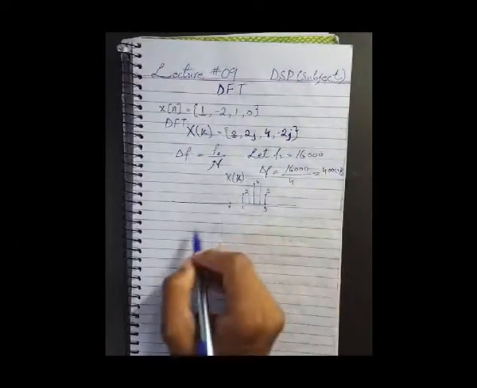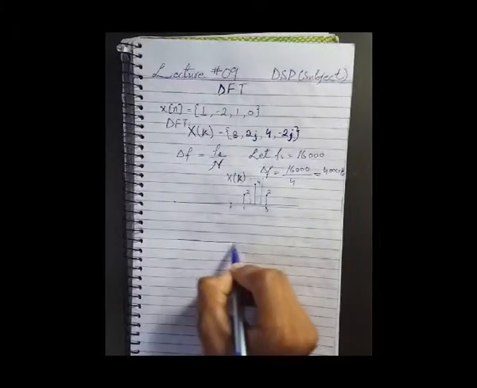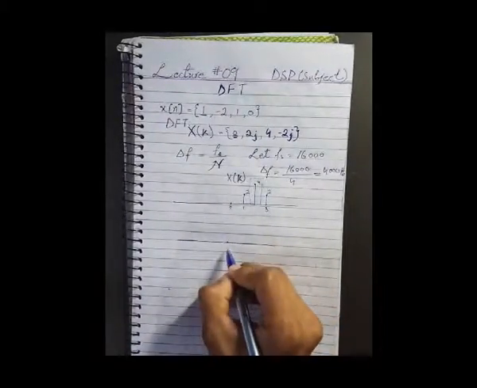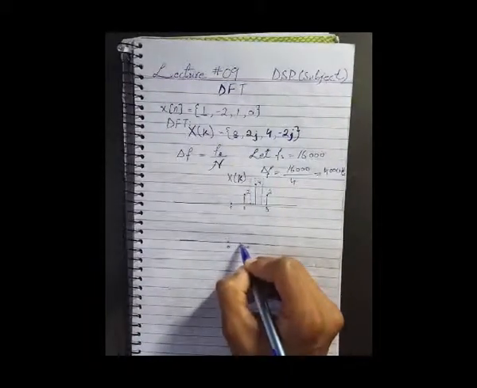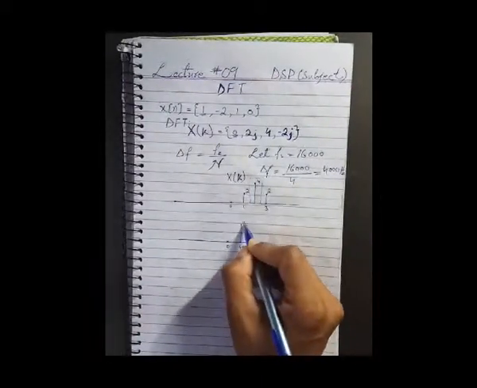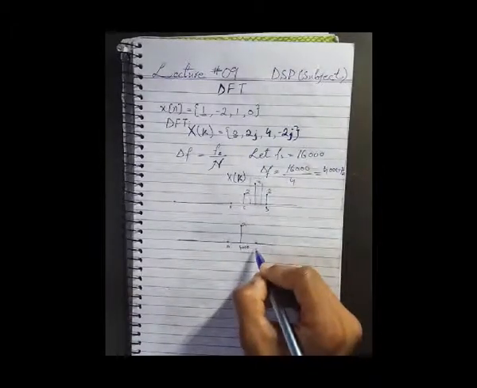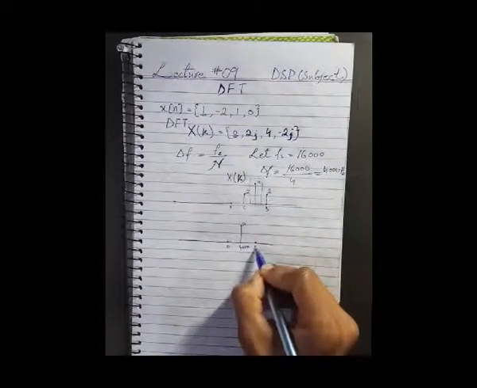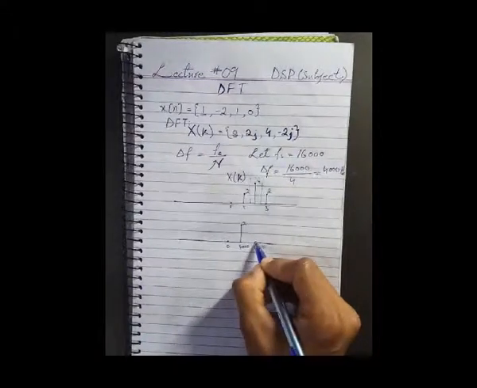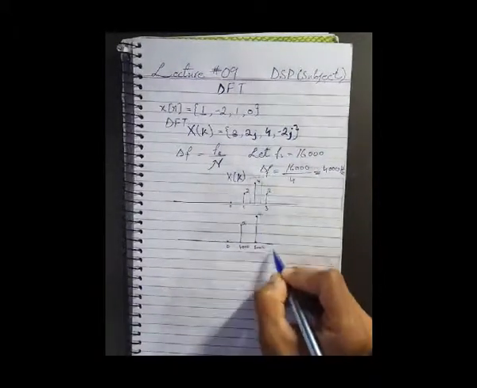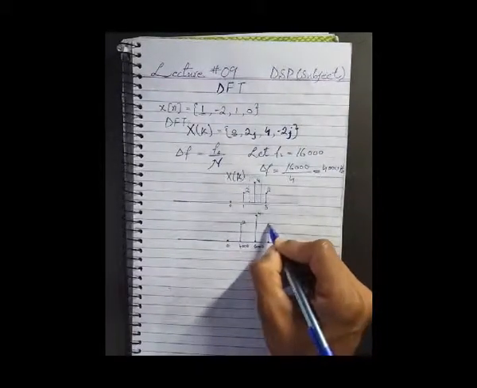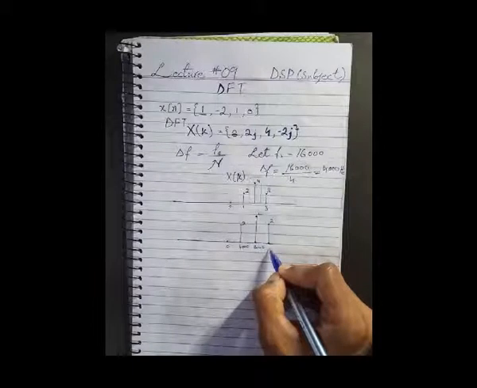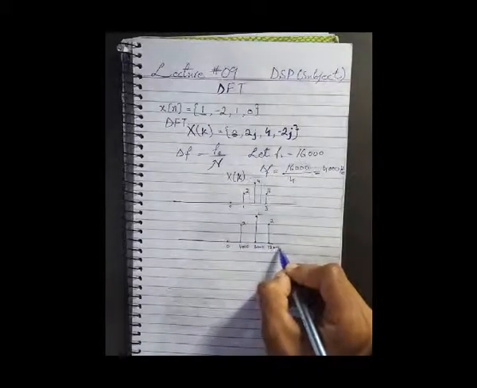If we write this in terms of frequency, we will get 0, and at 4,000 we will get 2j, at 8,000 we will get 4, and at 12,000 we will get 2j.